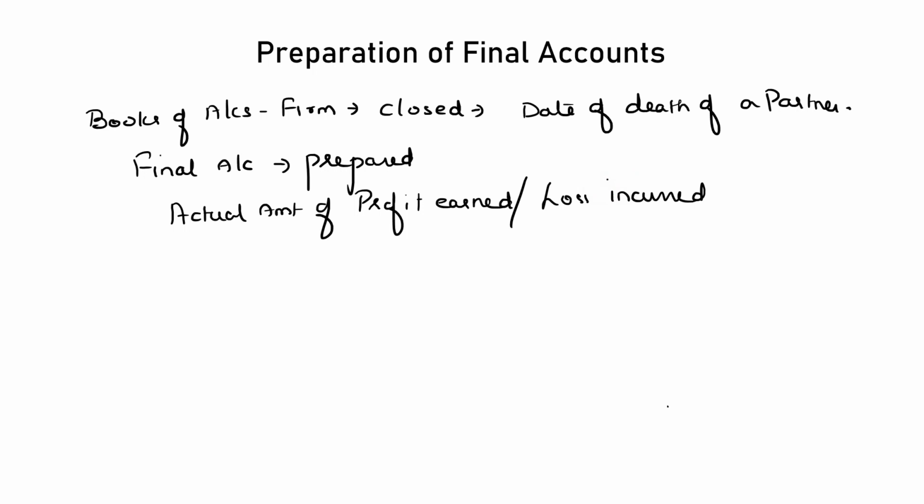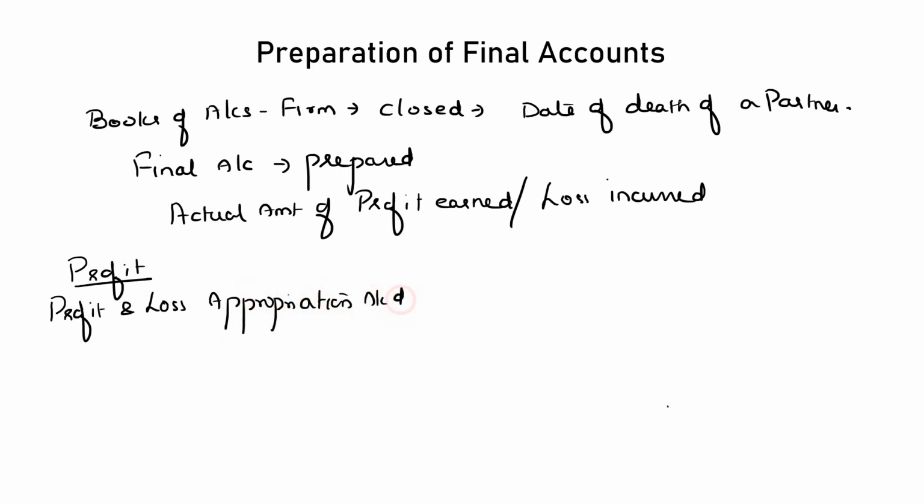Once that is known, it is simple: the profit earned or the loss incurred will be distributed amongst the partners in the profit sharing ratio. In case the result is a profit, then the journal entry that would be passed is Profit and Loss Appropriation Account debit, to the partners' capital accounts.